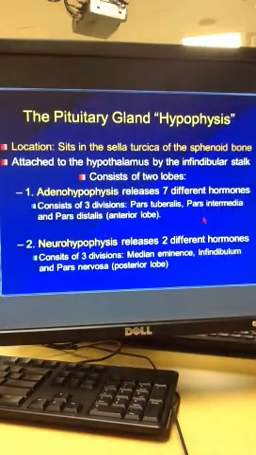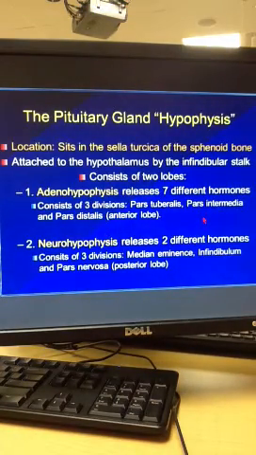And the anterior pituitary is referred to as the adenohypophysis. The Greek term for pituitary gland is hypophysis, and you remember, sella turcica is also referred to as the hypophyseal fossa. So those are some elements. But at any rate, the adenohypophysis is the anterior pituitary.